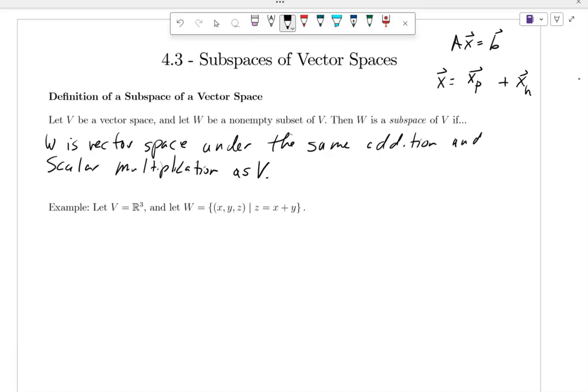And remember, if it had infinitely many solutions, this was the infinitely many part, right? It turns out that these solutions form a subspace.